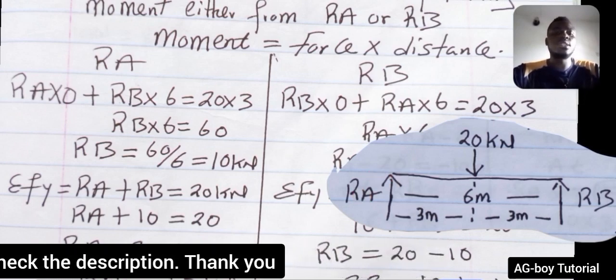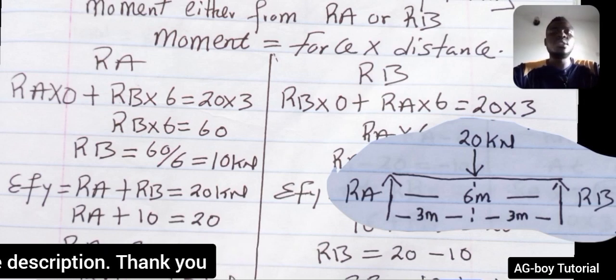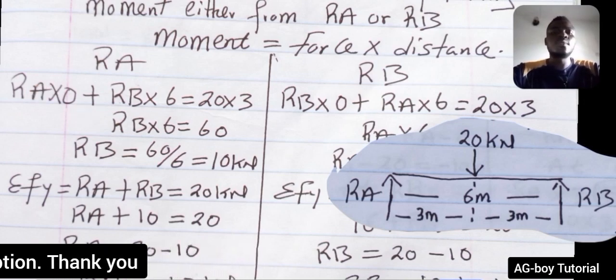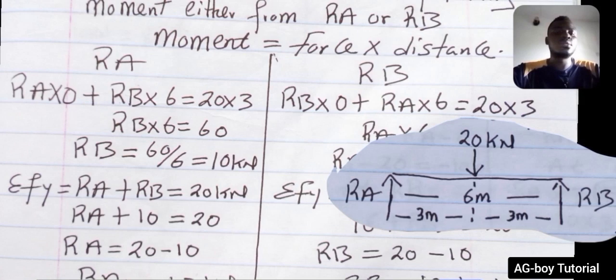So it's going to be RA times 0, then plus, remember the forces going up are always positive, then the ones coming down are negative. So we have RA times 0, then plus RB.